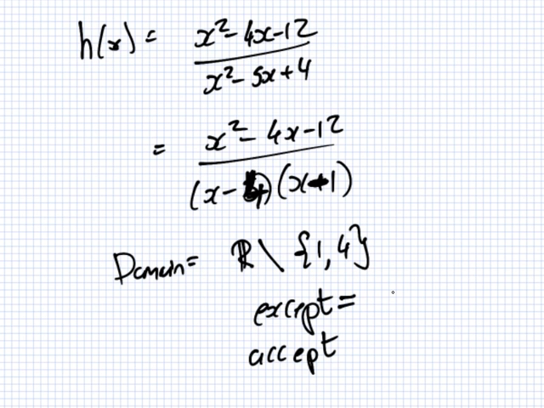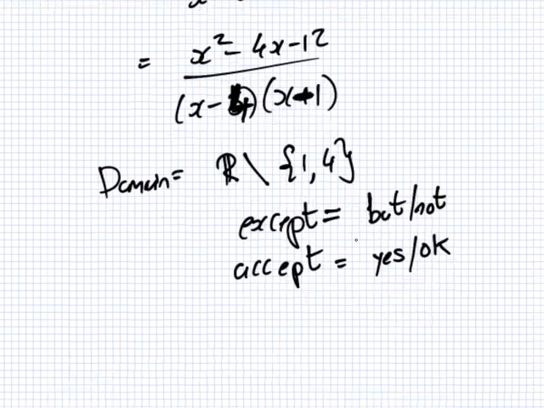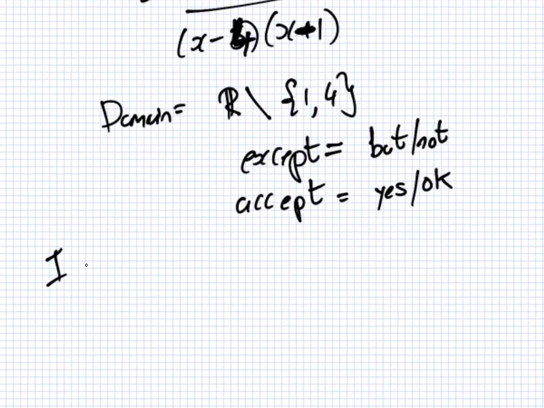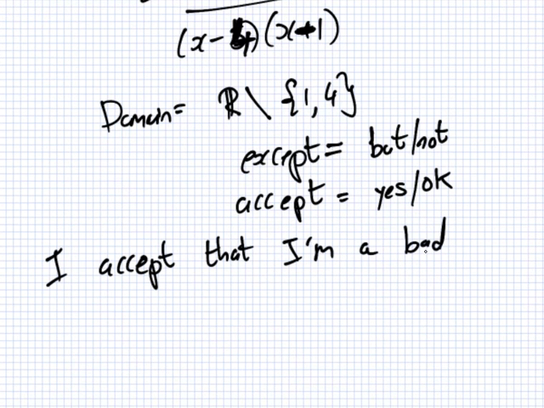Except is a big difference, like everything but. Accept is to agree. Except, not a tick. I accept that. I'm a bad student.